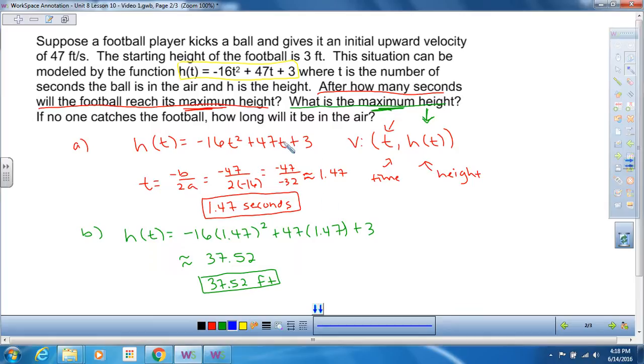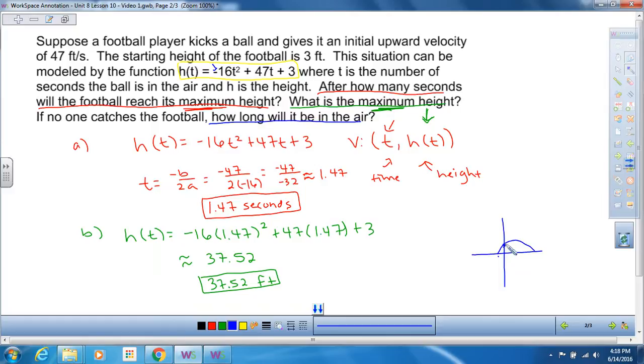The last question says, how long will it be in the air if no one catches it? So let's think about that. Let me draw a little picture. Since there is a negative in front, I know this opens down. So it looks something like this.